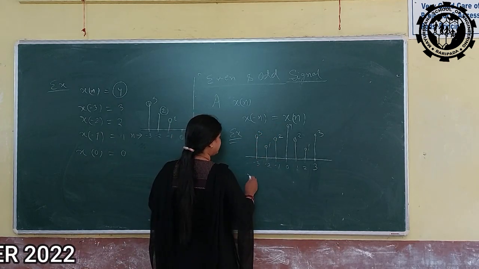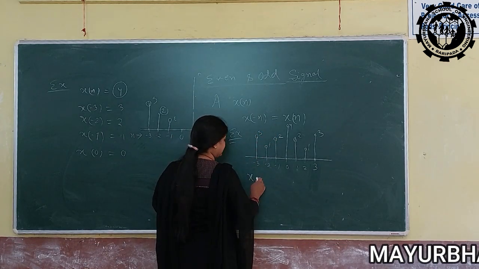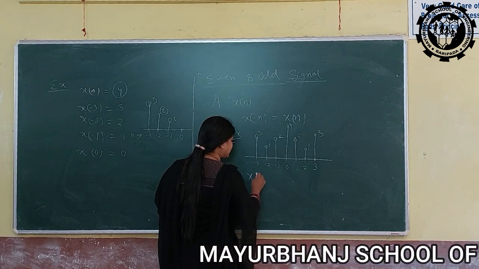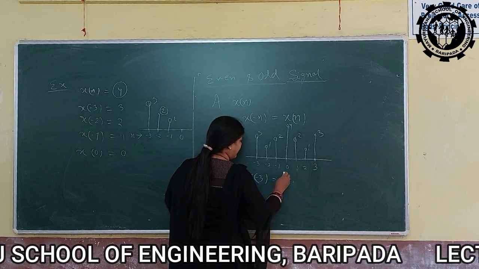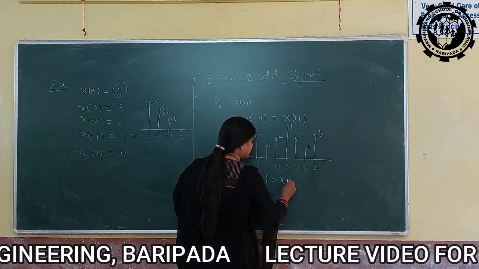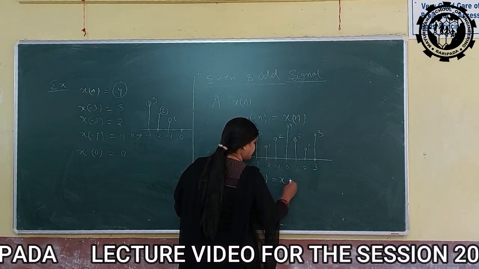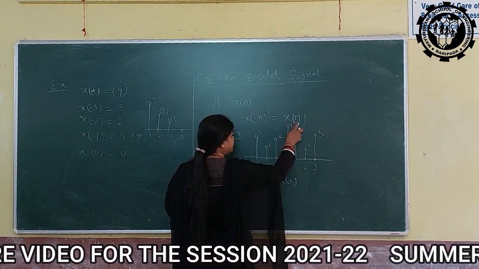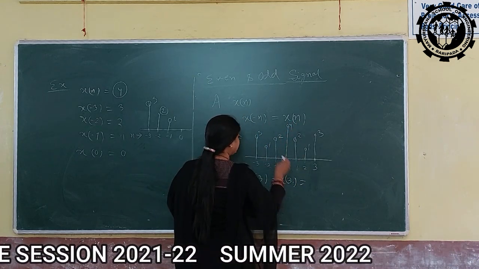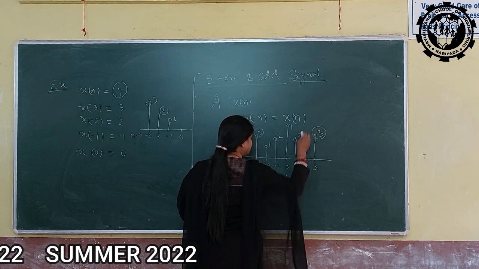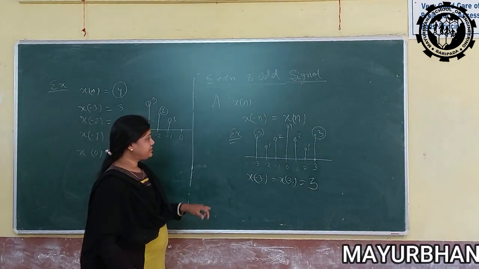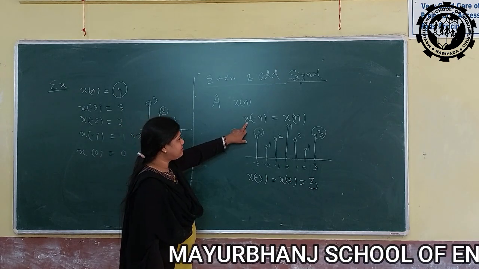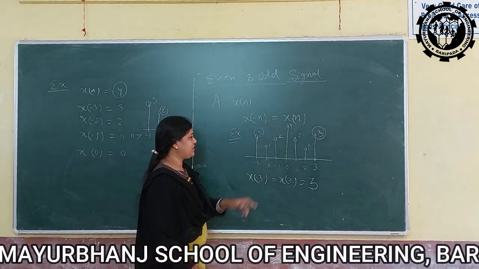X of -n means what? Let n equal to -3. So x of -n means x of -3, and x of n means 3. X of -n is equal to x of n. Here you can see that it has the same values, like 3. Clear? So it satisfies the condition x of -n is equal to x of n.